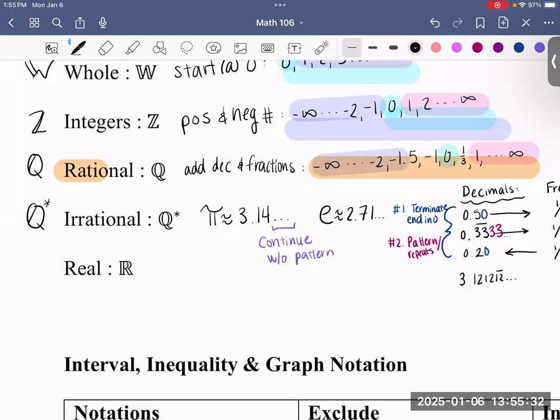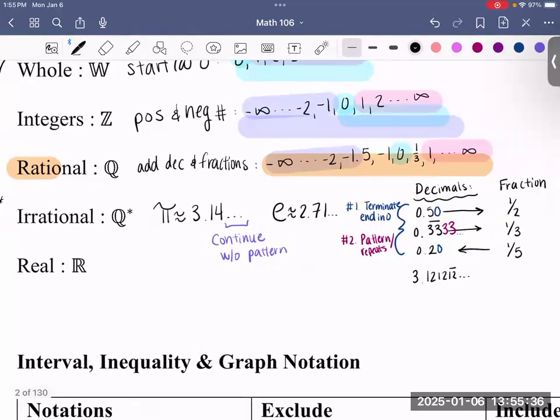Now, there is another one that we haven't quite talked about. This would be, let's say, the square root of 2. What is the square root of 2? Well, we could kind of estimate what it is. It has to be a number that's in between the square root of 1, which is 1, and the square root of the next number that comes out nice and clean, which is the square root of 4, which is 2.